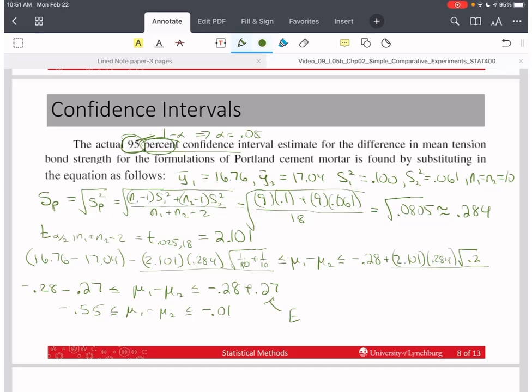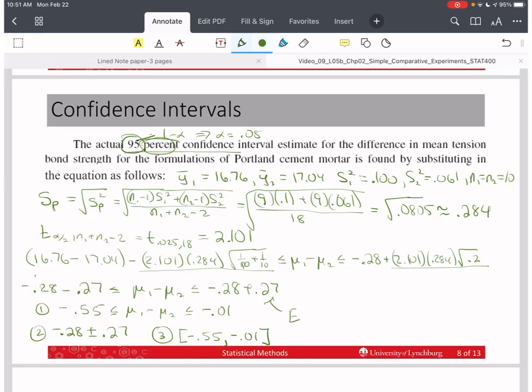And so again, we can write this as negative 0.28 plus or minus 0.27. This is 1, this is 2, and 3 would be negative 0.55, comma, negative 0.01. Notice that 0 is not in our confidence interval. And so 0 would say that there is no difference between the two means.